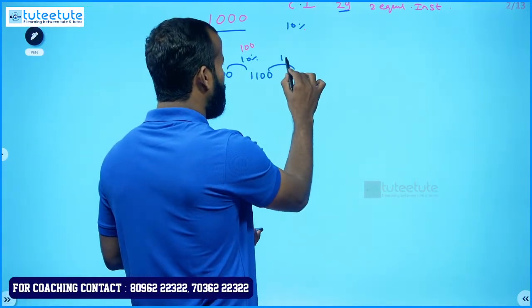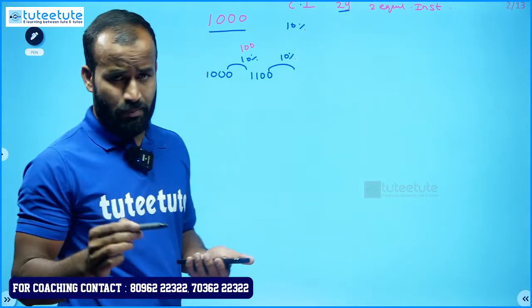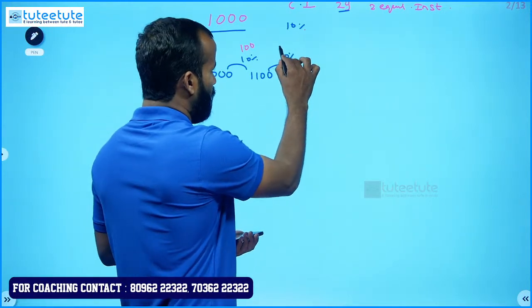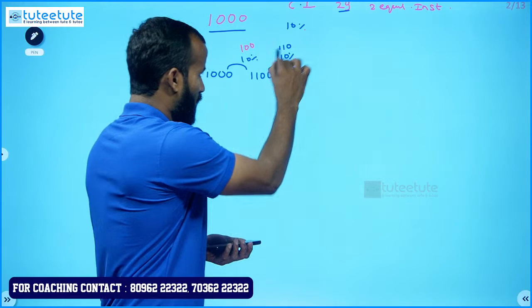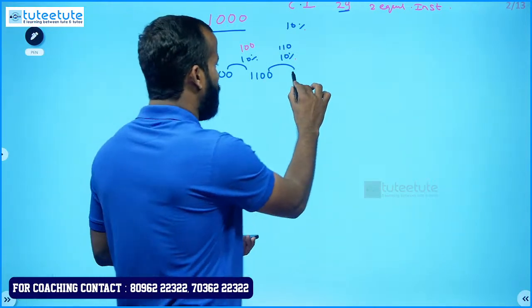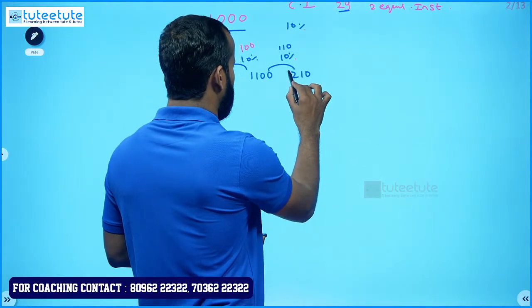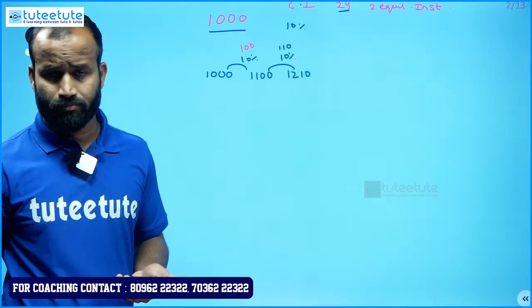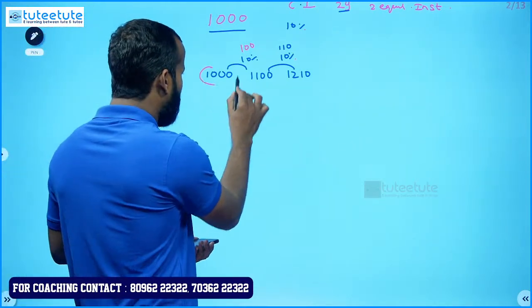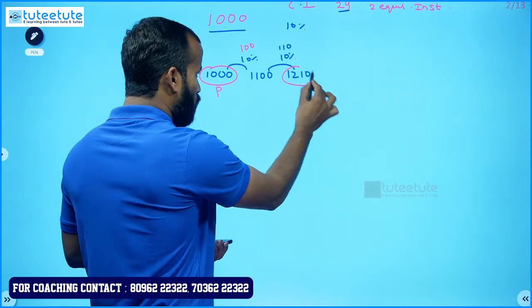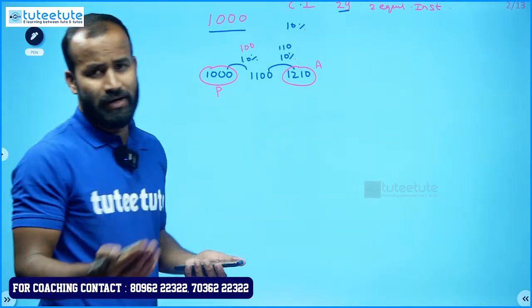Again 10% for the second year: 10% of 1100 will be 110. Adding 110 to 1100, we get 1210. After 2 years, you are going to get an amount of 1210.